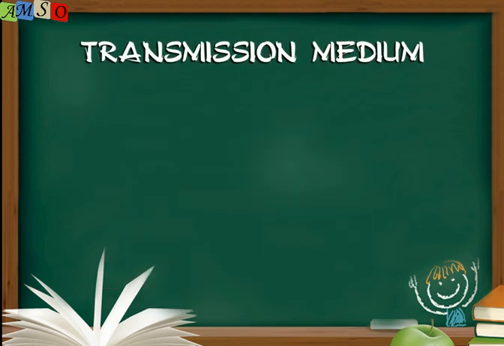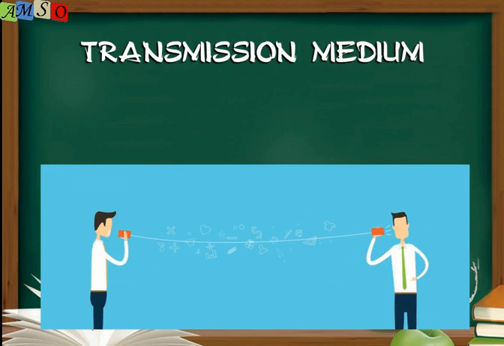A transmission medium, and according to this picture, we can see two persons talking with one another, right? We can see Mr. A conversing with Mr. B, and through a thin cable here, which is used to send information from the sender to the receiver.